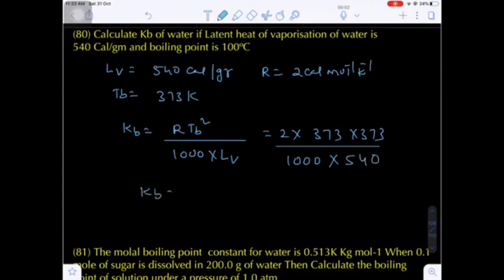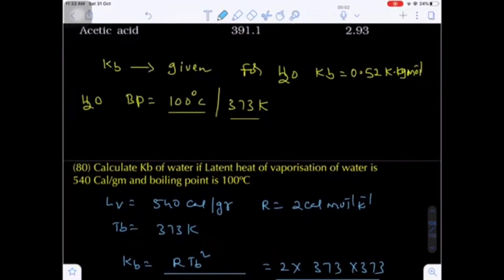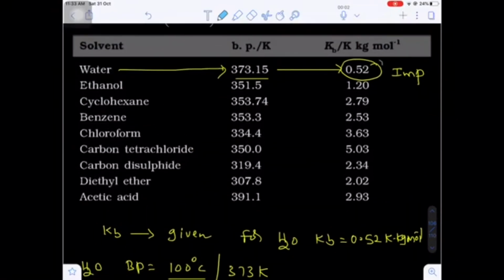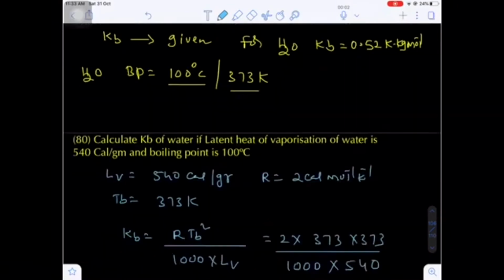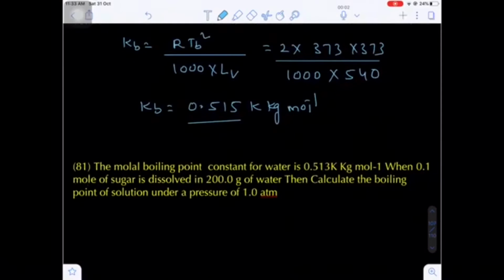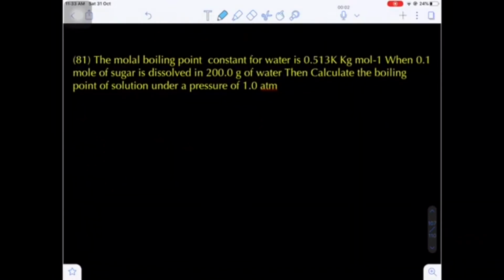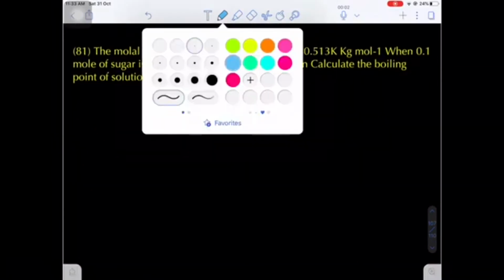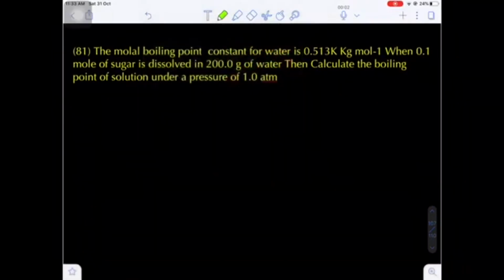After simplification, you will get the Kb value as 0.515 Kelvin kg per mole. What is the Kb for solvent water? 0.52, but here we are getting 0.515.